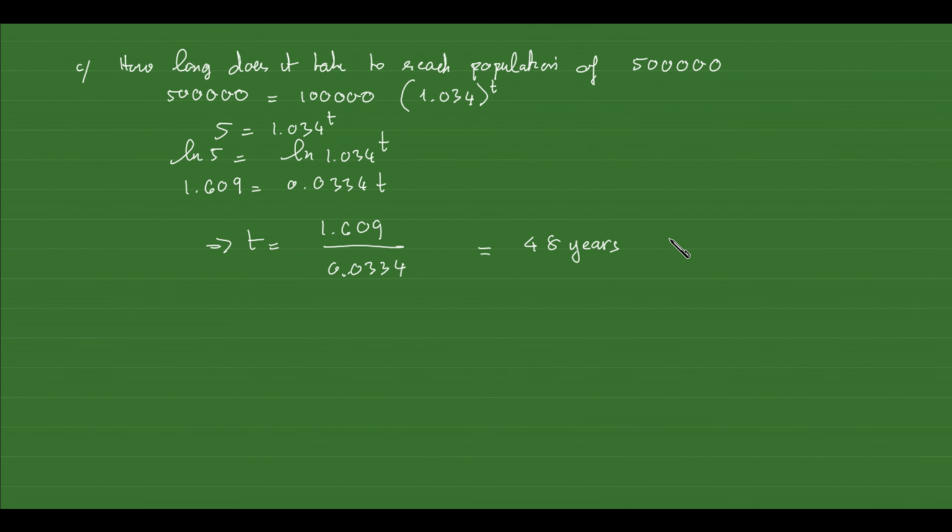So 48 years after 1910. So 1910 plus 48, which is 1958. Okay, so it means in 1958, the population is 500,000.